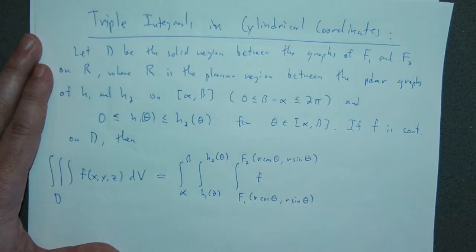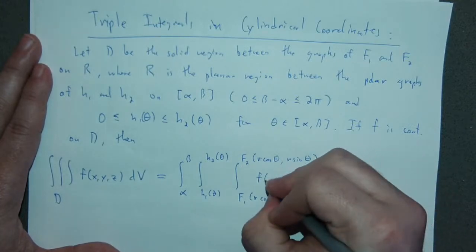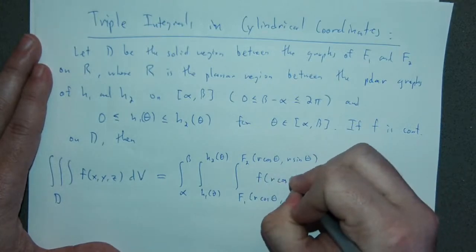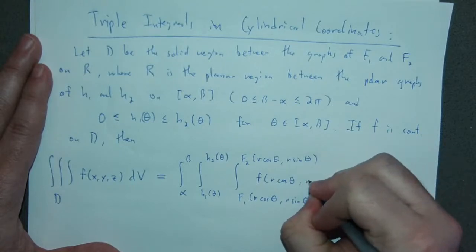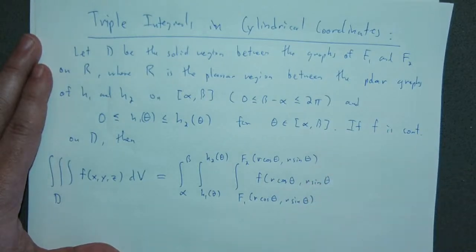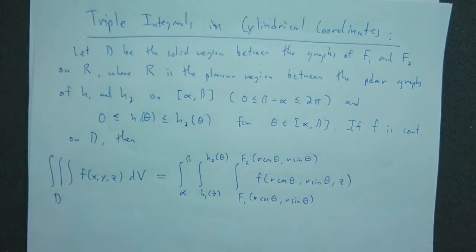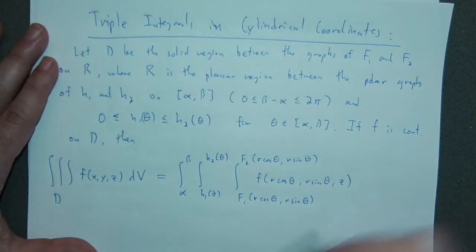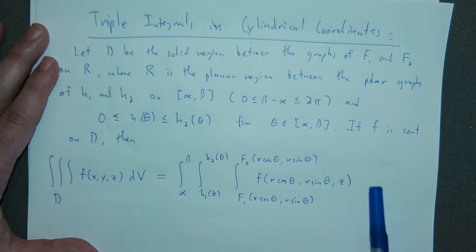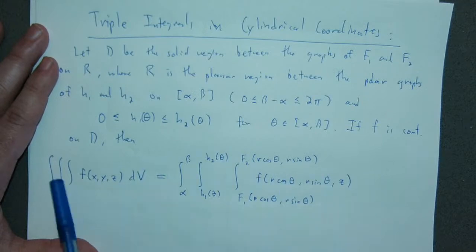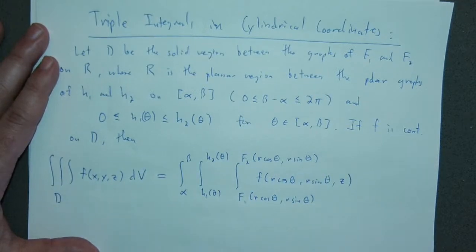Right? And I do the same thing in my integrand function. So this is little f of r cosine theta, r sine theta. For z, I don't have to replace anything because z remains as itself in cylindrical coordinates. Now you may say, in polar coordinates, there was an extra thing here before I could be done. There was an extra factor, right? There's an extra factor of r. Well, does the same thing happen here? Yes.